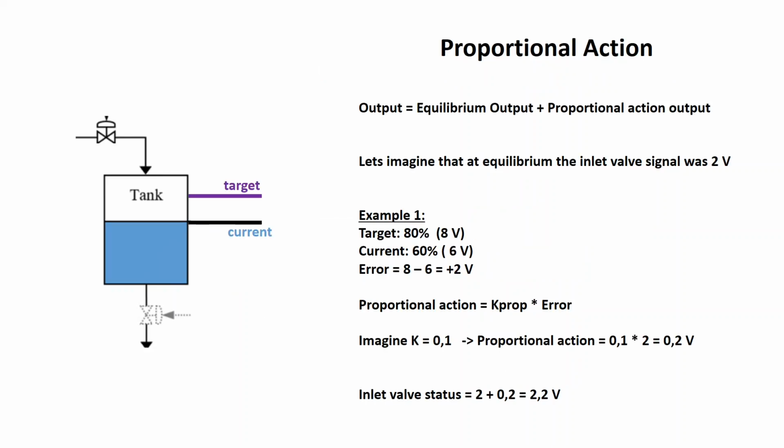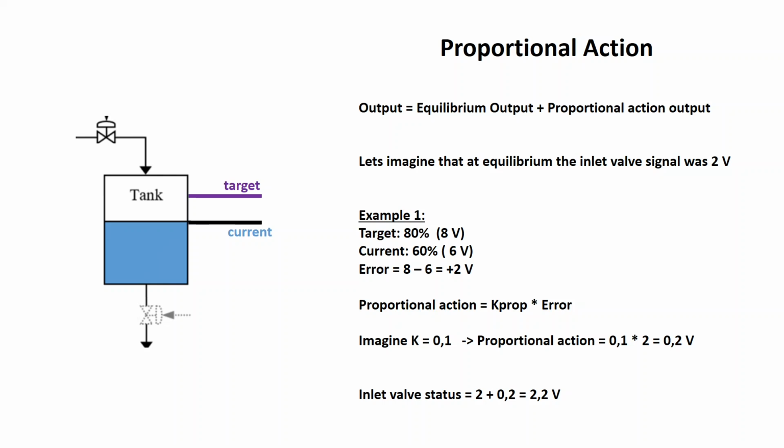With the concept of error clarified, we can talk about the proportional action of the PID. So what we are going to actually set on the valve, which I have called here output, is equal to the equilibrium output plus the proportional action output.